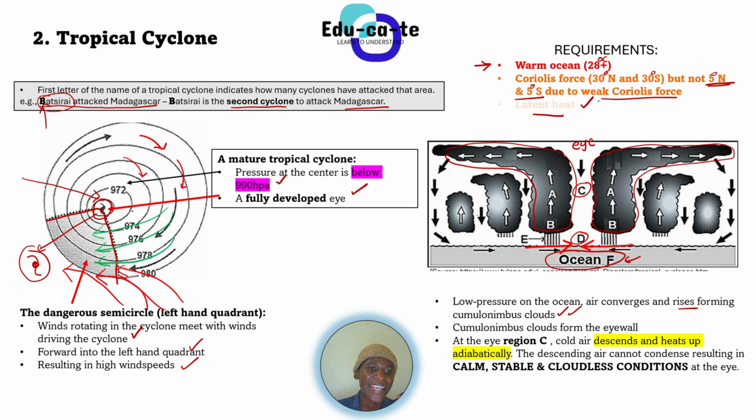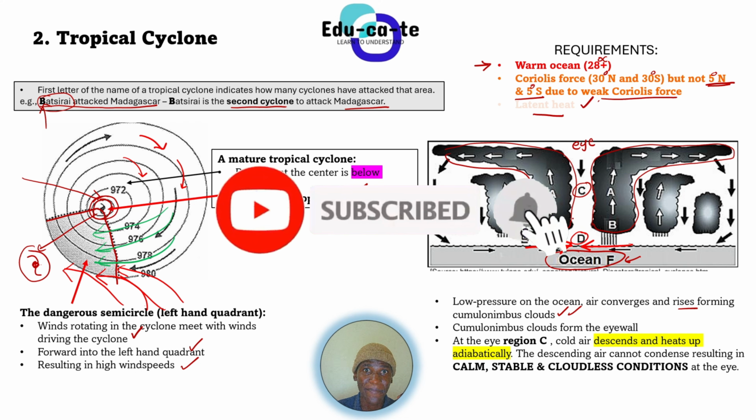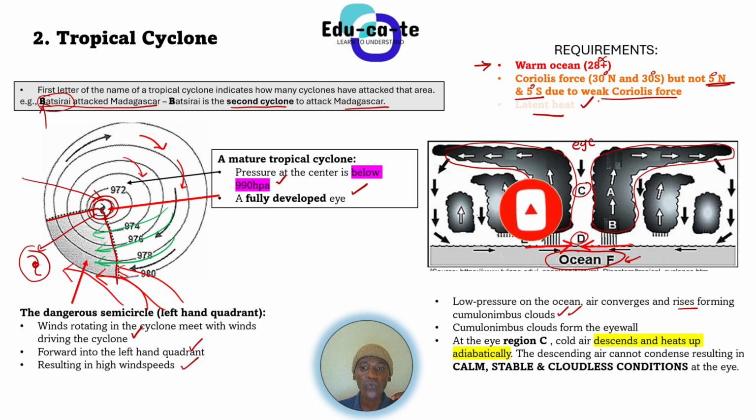So this eye symbol here that you see at the plan view is the same thing as this region, but the way you view it is different. So now at region C, which is the eye, we have got cold air that is descending.